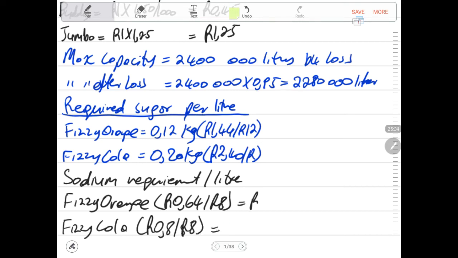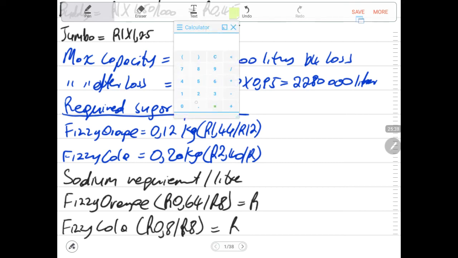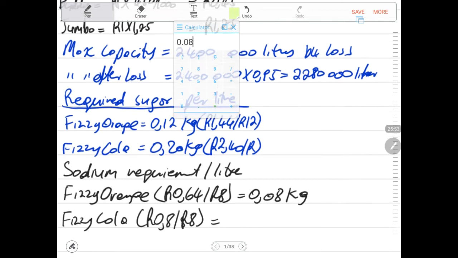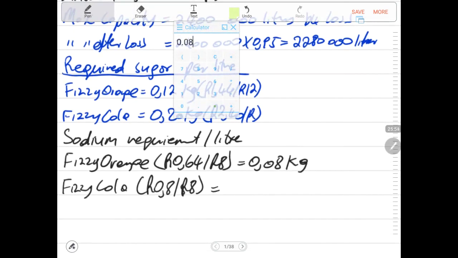And for both of them, 0.64 divided by 8 rand. That means we need these required kgs, not rands. We need 0.08 kgs of sodium for 1 liter of fizzy orange, and we need 0.80 divided by 8 rand.